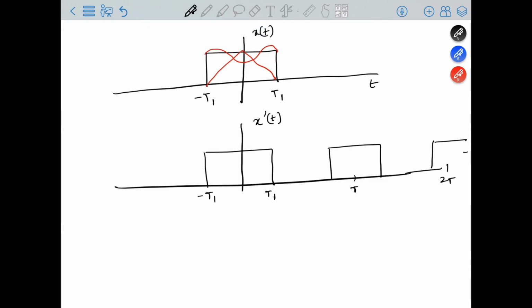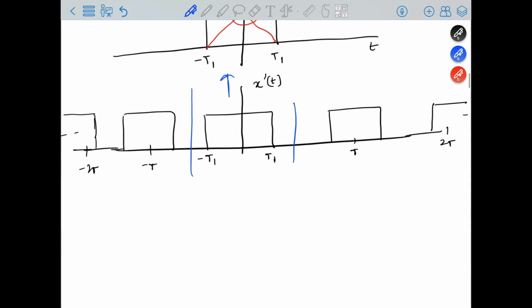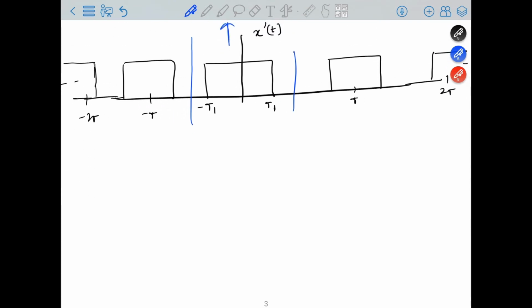Similarly for the negative part, at minus T it will again give you a rectangular pulse, and it will repeat itself after every period, and so on. So, this is the constructed signal x dash t, and it is equal to x t for one period. So, if we just consider this signal for one period, we will get our x t. As we know, we can represent any periodic signal in terms of its Fourier series.